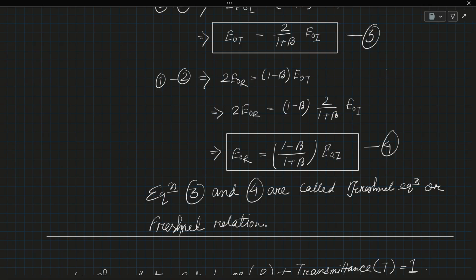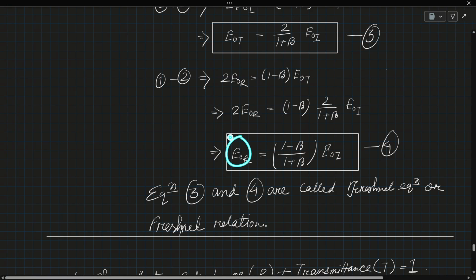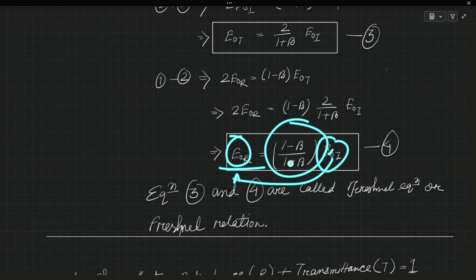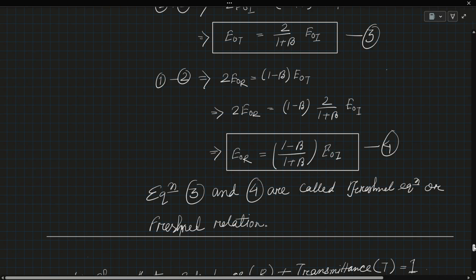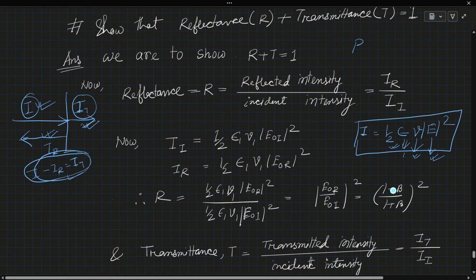So EOR divided by EOI will be 1 minus beta divided by 1 plus beta, and since the square is there, this will be squared.